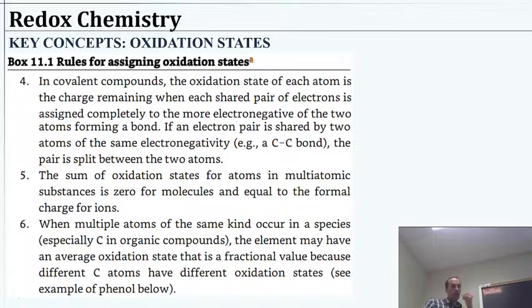If an electron pair is shared by atoms of the same electronegativity, like a carbon-carbon bond, it's basically split between them. So if we have something shared, the electrons will go towards the more electronegative atom, and it will all fill in accordingly. Sometimes we could share them split right down the middle if they're the same atom.